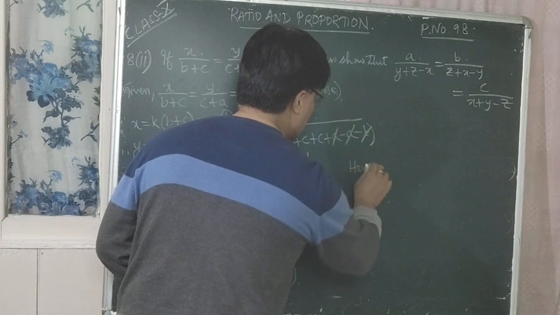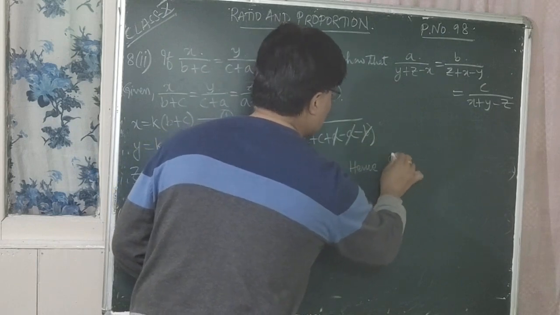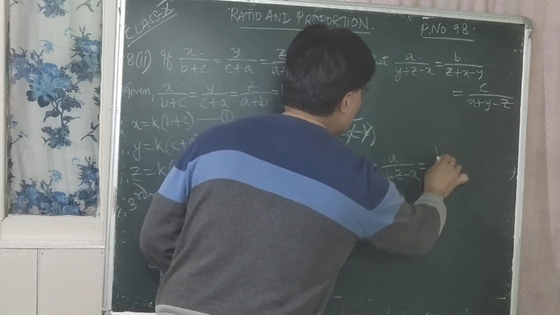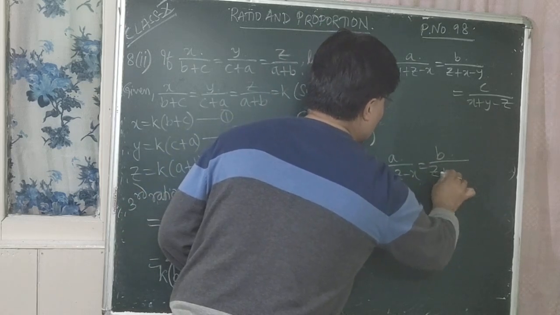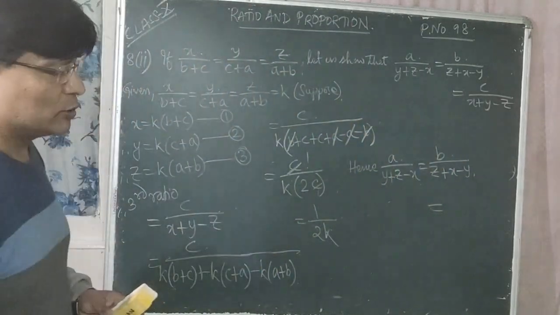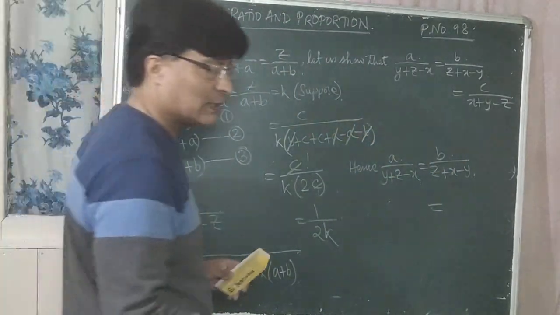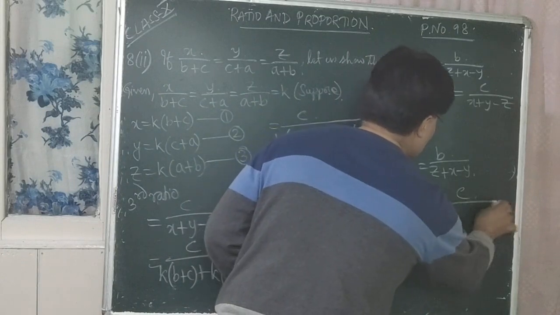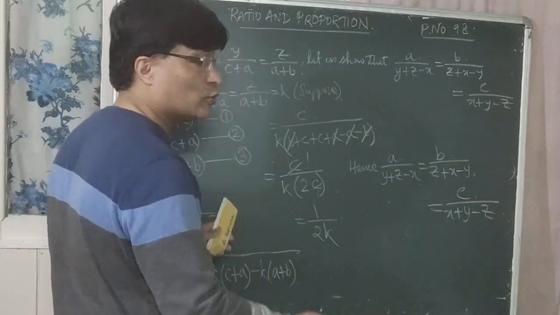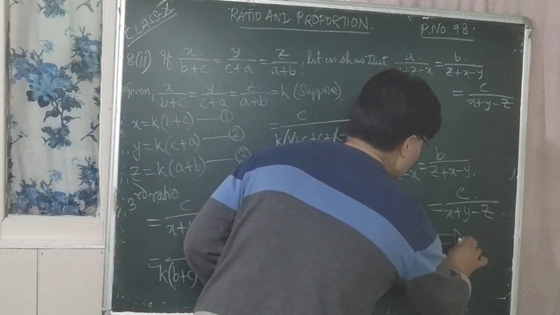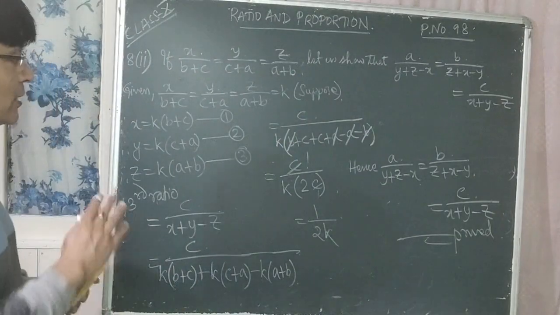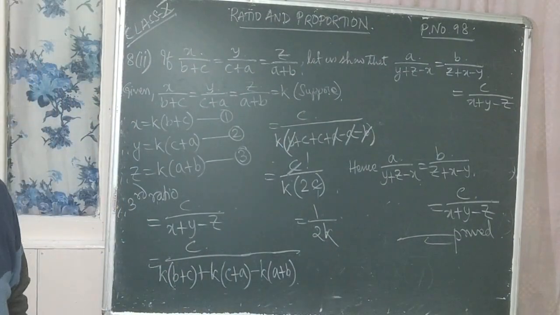Hence a upon y plus z minus x is equal to b upon z plus x minus y is equal to, since there is no space there, so we will write it in the next step, c upon x plus y minus z. So we have proved it. Okay? So it is done, proved. So I think you have understood it. So we'll do the next question now.